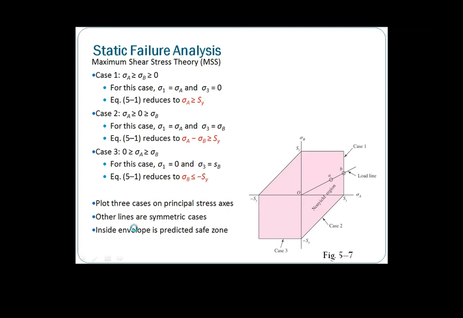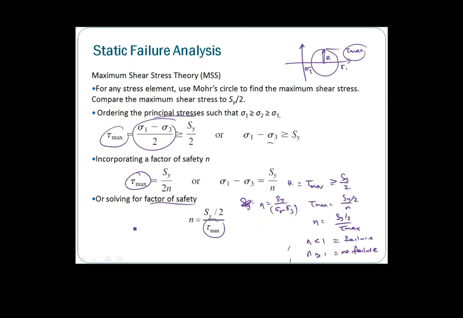In 3-dimensional, we know that you have 2 more circles. So you have sigma 1, sigma 2, sigma 3, something like that, right?